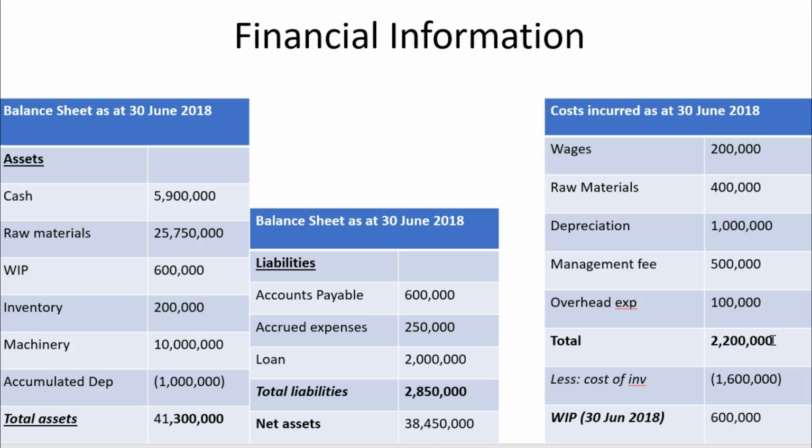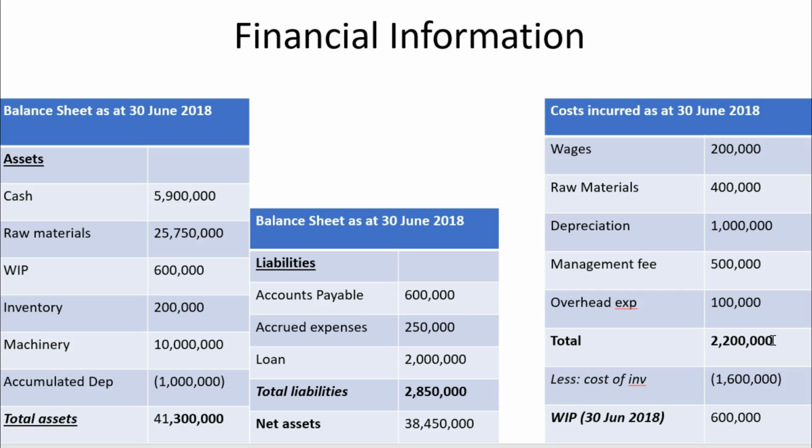So we know that the joint operation is depreciating the asset using the fair value, which means that they're depreciating it at $500,000 per year. But we know Deggers Limited wants to depreciate this machinery at $400,000 per year.